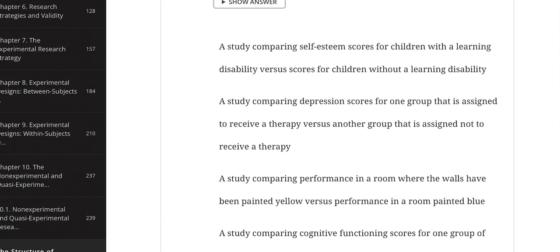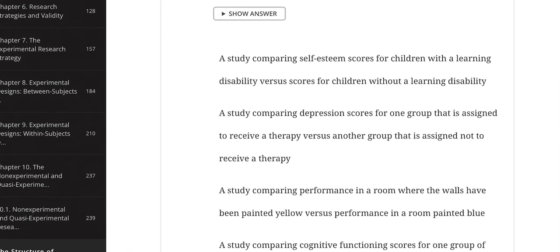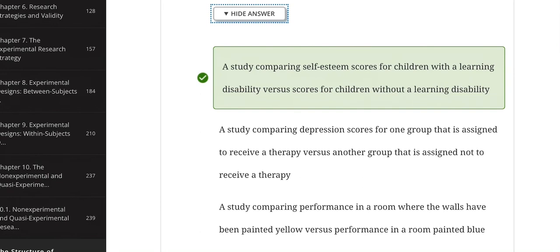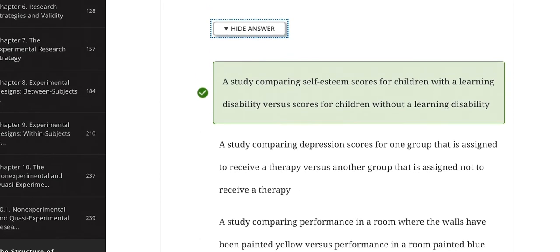If you look at this top answer, a study comparing self-esteem scores for children with a learning disability versus scores for children without a learning disability, hopefully you've recognized, or just through process of elimination, that is an example of a non-experimental study. Again, why? Because they are coming into the study. This is a participant variable. They are coming into the study with a learning disability or without.